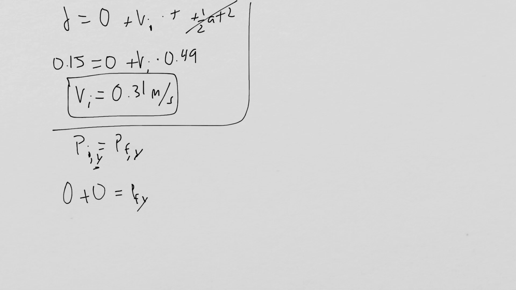We're not asked for velocity, we're asked for momentum. So that's our unknown that we're going to solve for. And now we need the y component of the momentum of ball C after the collision. So we know the mass of ball C. It's still the same 0.1 kilograms.